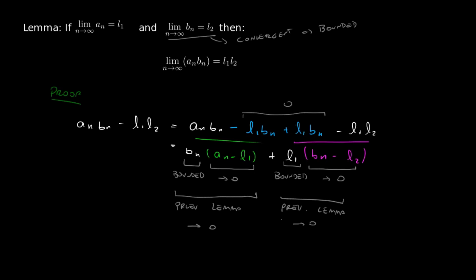So the sum of two things that go towards 0 would be the sum of the limits, and that is 0 plus 0, because of the first theorem we saw in this video. And so with all this we get that a sub n times b sub n minus L1 L2 has limit 0, which also means that a sub n b sub n has limit L1 L2, and that is exactly what we were trying to prove.